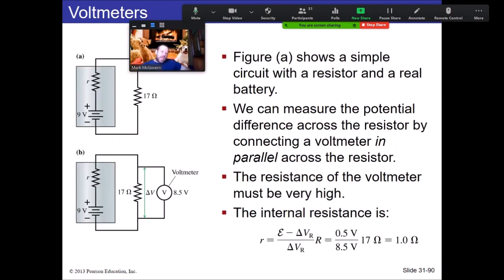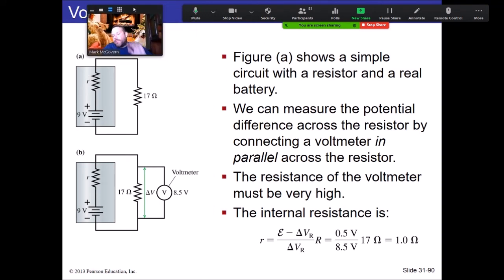All right, so an example of a voltmeter here. A voltmeter is something that, as it sounds, measures the potential difference across a circuit element. That means you want to create a device that can read the potential difference across a circuit element, but does not affect the behavior of the circuit. The way that's done is voltmeters generally have an extremely high resistance.